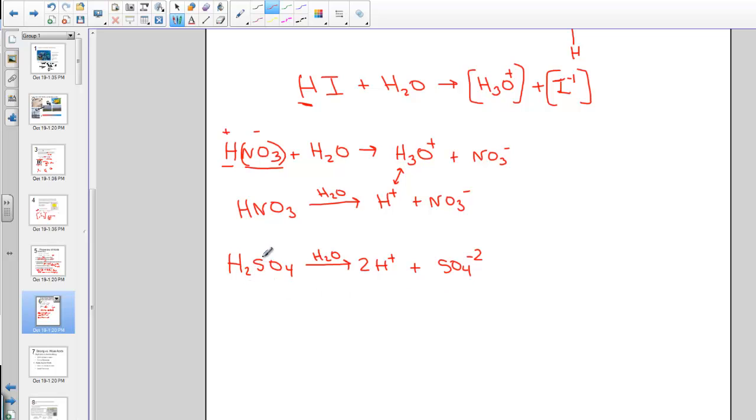This 2 here came from the fact that sulfate was a -2. Notice that this is just one polyatomic ion called sulfate. This is one polyatomic ion called nitrate. And if we indeed showed this with the water molecule, we could then see that it would take 2 water molecules to satisfy both protons to create 2 hydroniums.